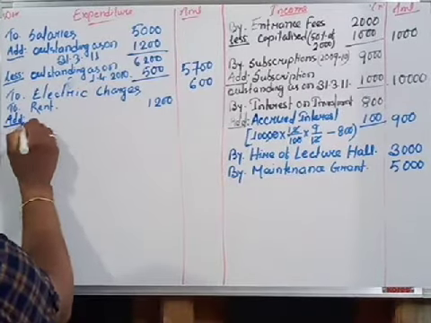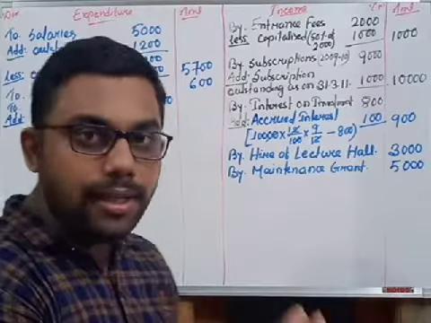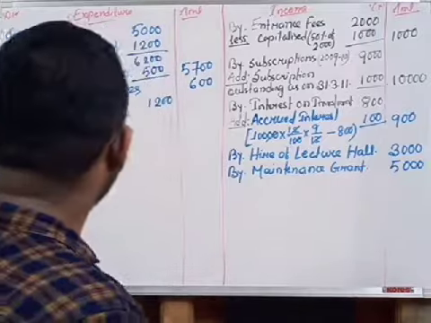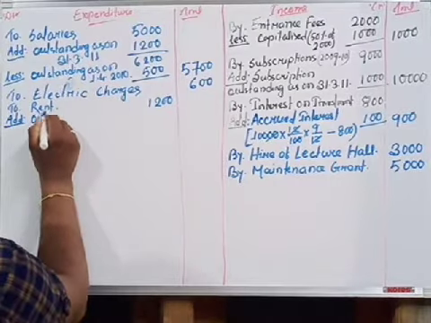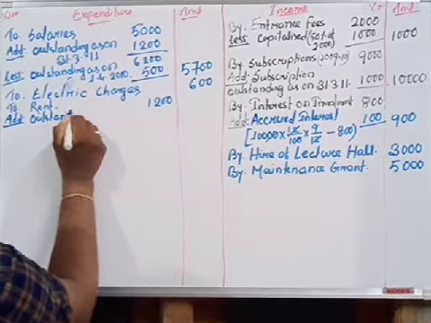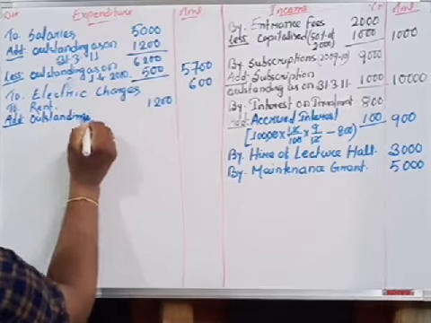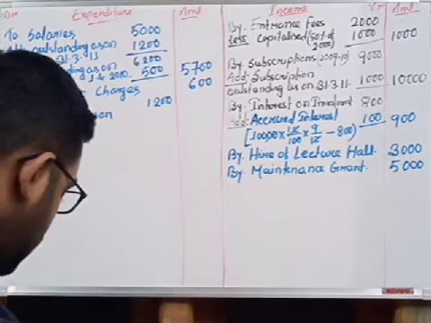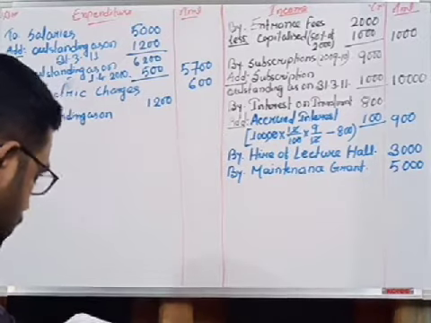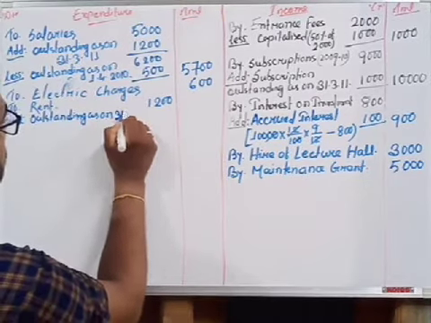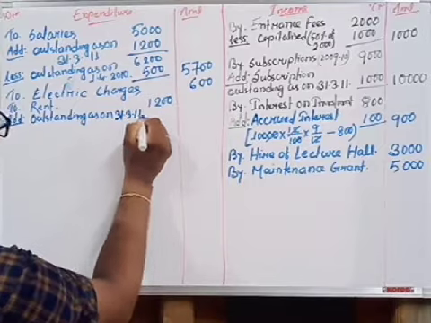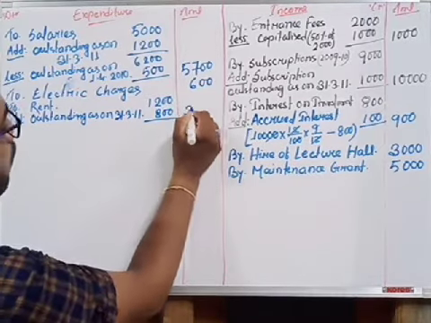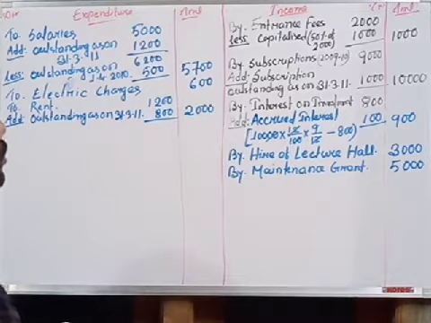As it is outstanding at the end of the year, it is an expense for the current accounting year, so we have to add that item. Add outstanding as on 31st March 2011, the amount is 800. So the total expenditure on rent is rupees 2,000.